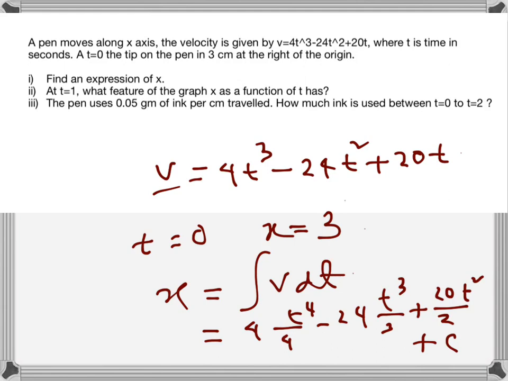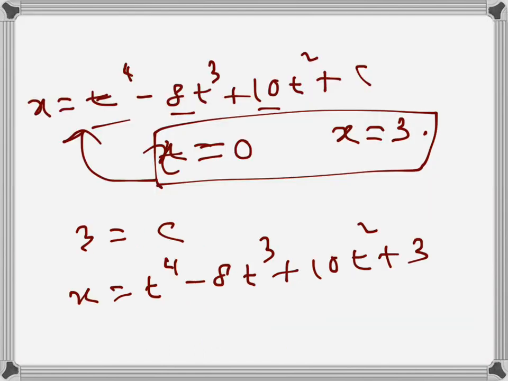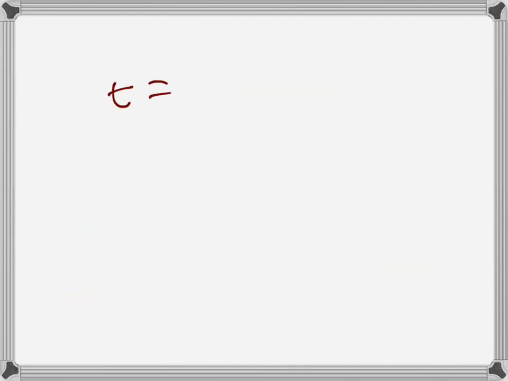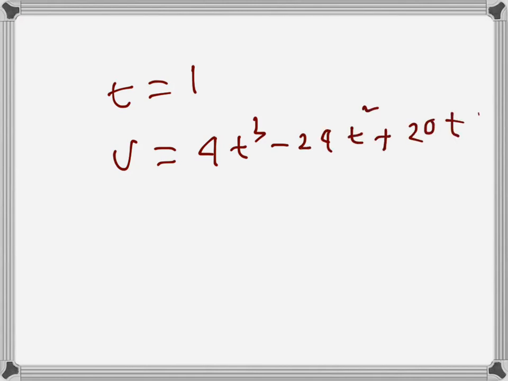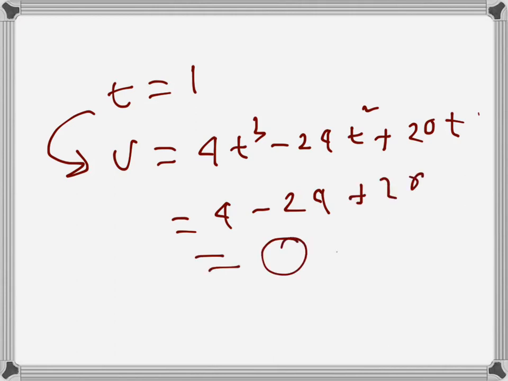Then it says at t is equal to 1, what feature does the graph of x as a function of t have. So when t is equal to 1, let's see what happens. If we plug in t is equal to 1 in v, which is 4t cube minus 24t square plus 20t, we get 4 minus 24 plus 20, so we get 0.